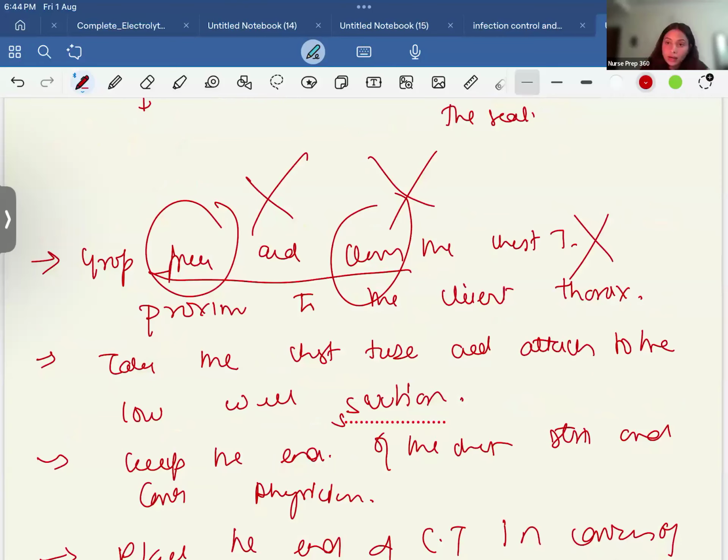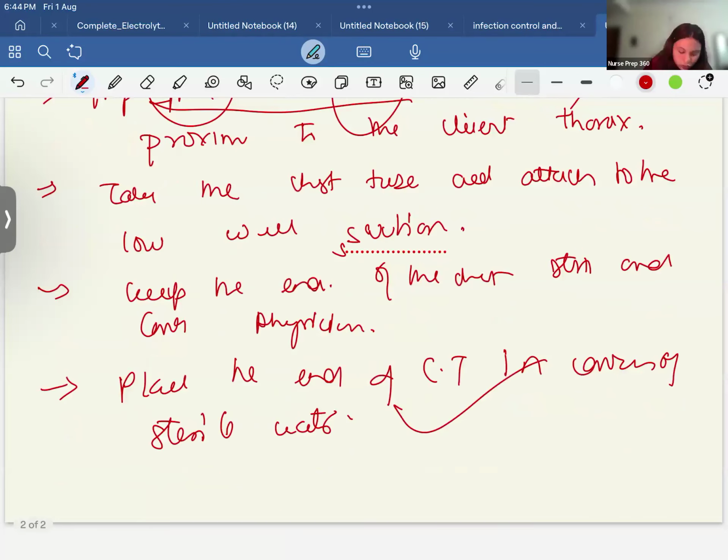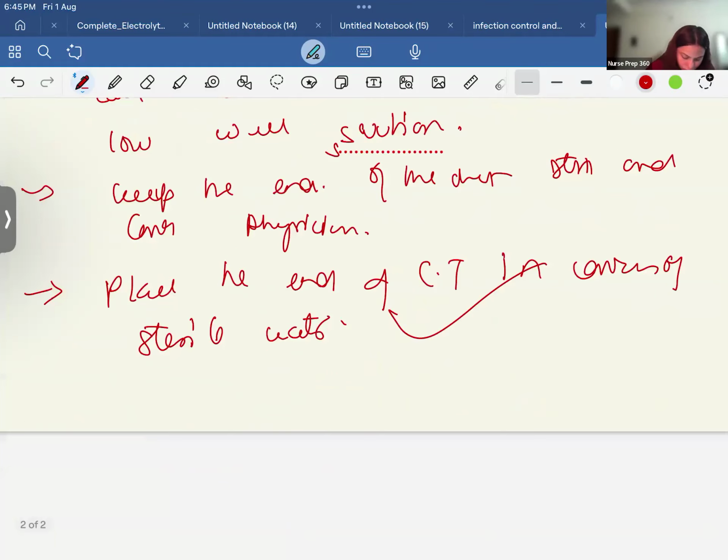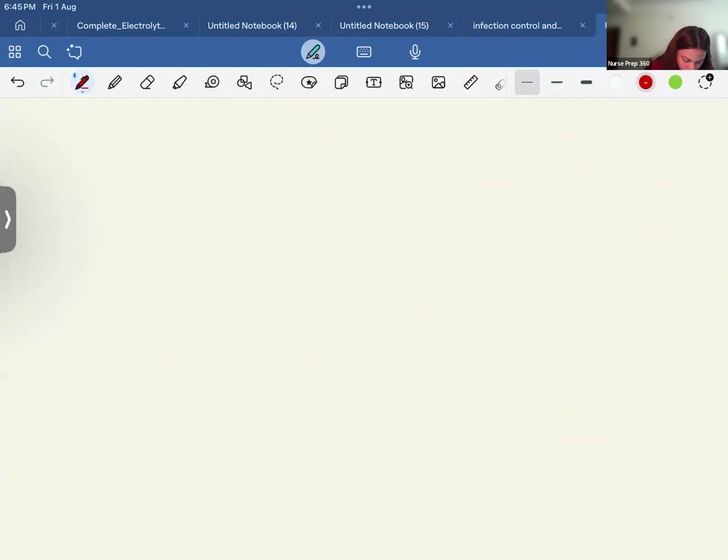Okay. Next. Going to the next question. A client pulled his chest tubing out of his thorax. What is the initial nursing intervention?